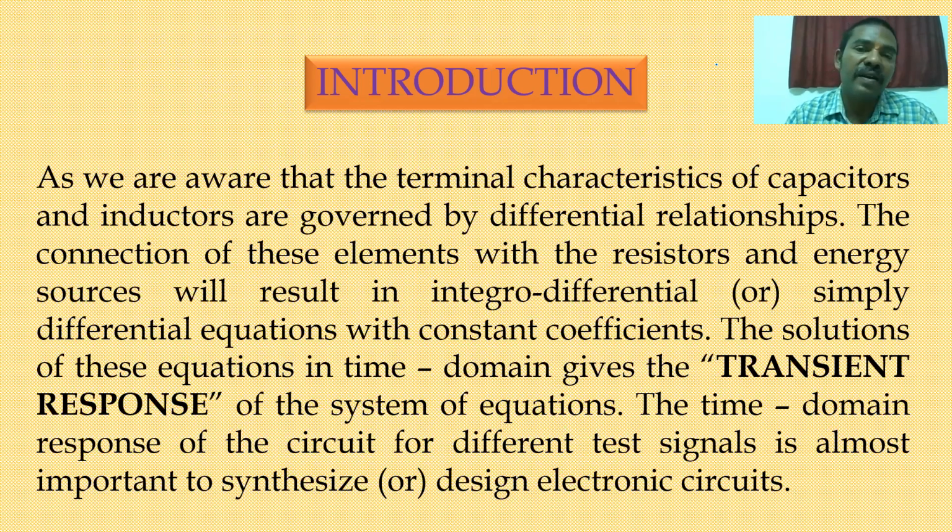Before that, it behaves as a transient response. That's why once you switch on the tube light, it will be blinking. It will be blinking for a few seconds. After completion of the transient period, it comes to the steady state.